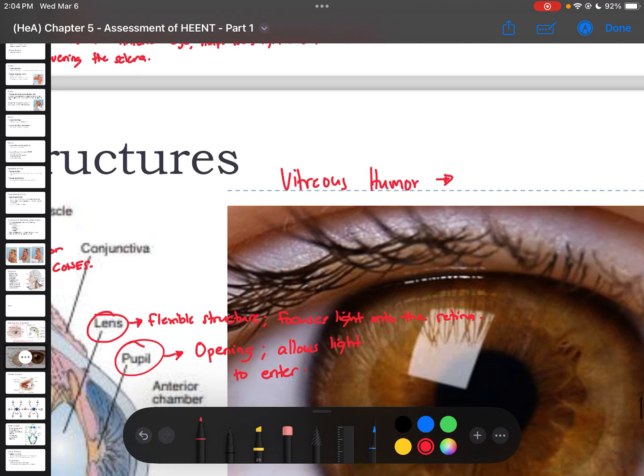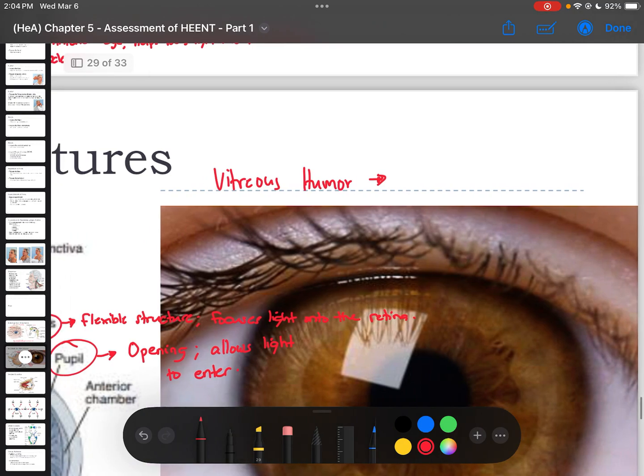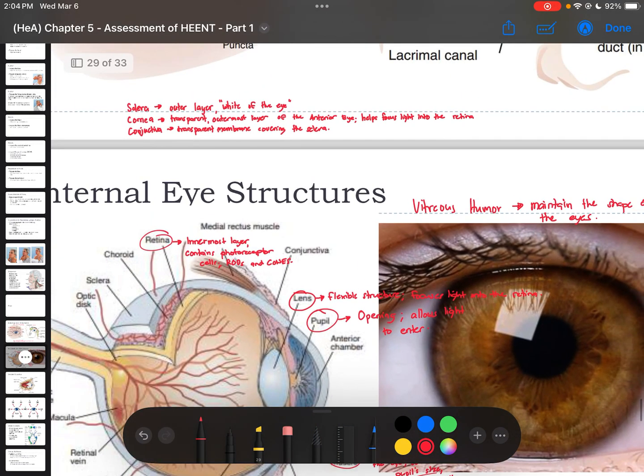Its main function is to maintain the shape of the eyes.